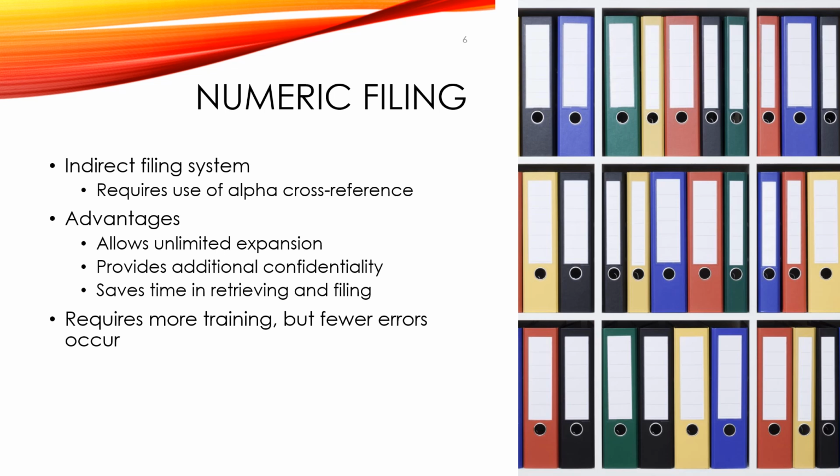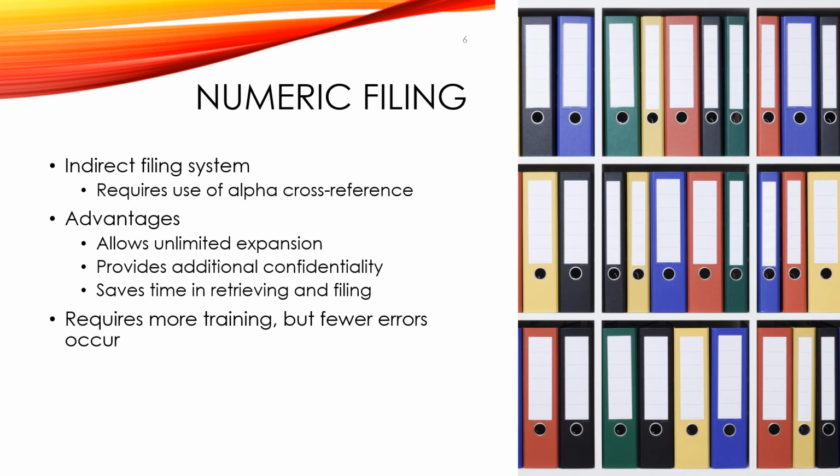The downside is you need some type of cross-reference system that alphabetically cross-references so you can easily find a person's record. Mr. Smith is probably not going to know his numeric code.